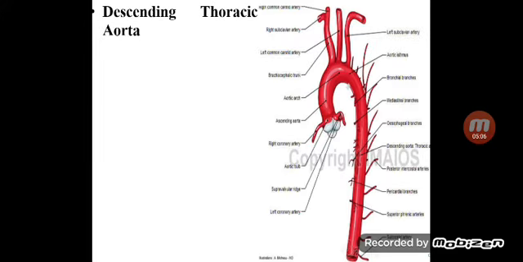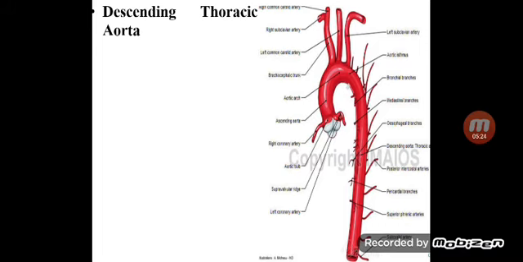The descending thoracic aorta, where did we say it starts? At the level of the sternal angle. The end of the aortic arch, the continuation at the level of the sternal angle, will be the descending thoracic aorta.